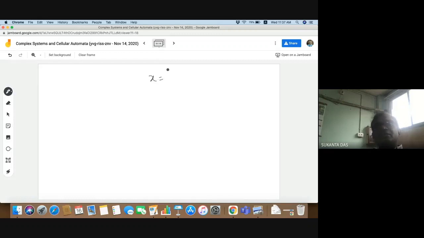You consider n equal to 4 and d equal to 3. My s is like this: 0, 1, 2. And my configuration x, say consider 0, 2, 1, 2. Suppose this is my configuration.